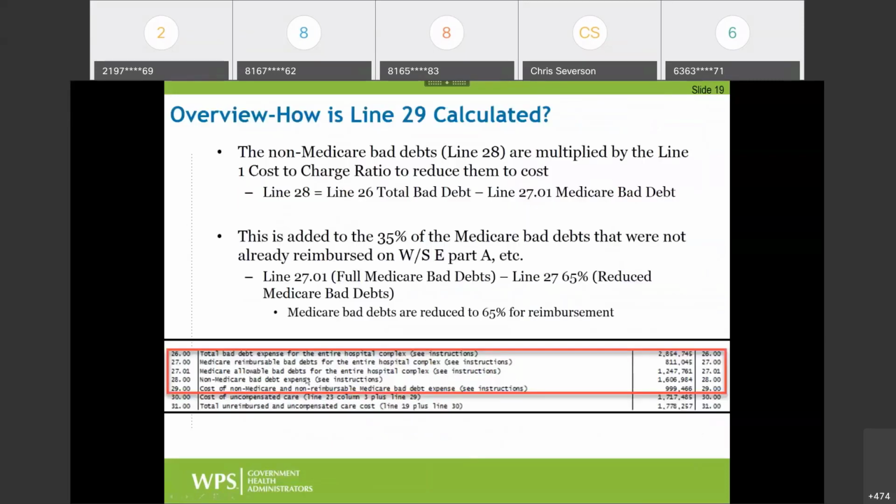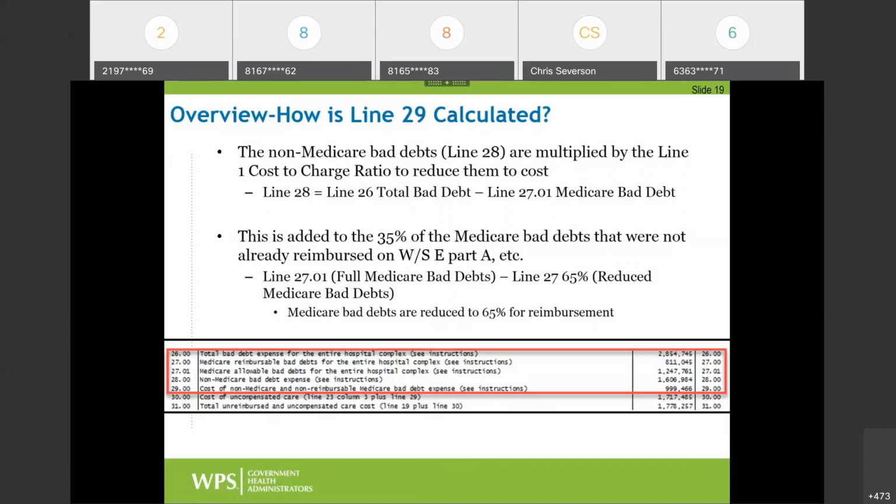So these lines, 27 and 27.01, come from E-Part A. When that two-year situation happens, line 26 is going to have a Medicare bad debt that was written off of the accounts receivable in that year, but it may not have a corresponding amount that year coming through from line 27 or 27.01 because you didn't report on E-Part A yet.